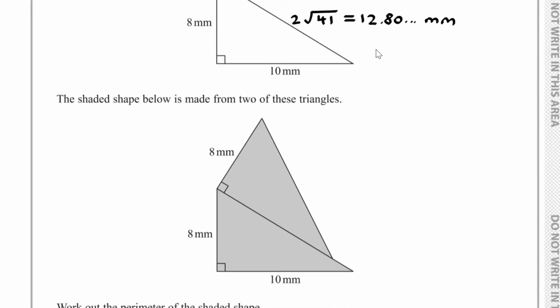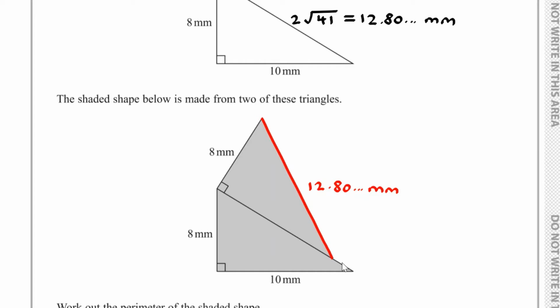And so to find out the perimeter, well, here along this edge over here, we have 12.80, etc. millimeters.